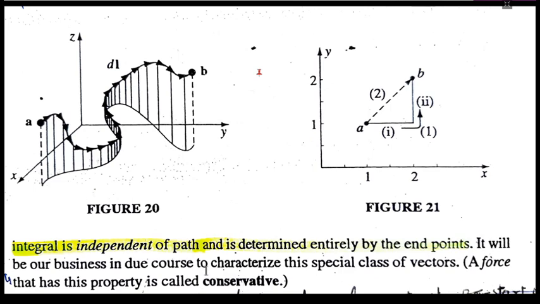If I calculate the work done from A to B via, let us say, path 1, and the amount of work done is the same as the work done using path 2, then it is said to be independent of path, and in this case you can tag it as a conservative force, if it is independent of the path.